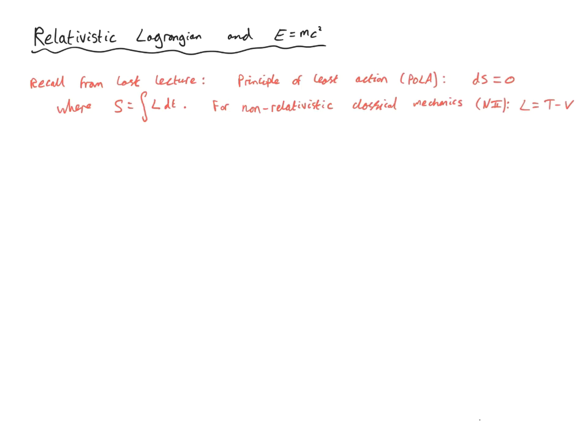We showed in the last lecture that to recover Newtonian mechanics, we have a specific form of the Lagrangian. It is the kinetic energy minus the potential energy. If we use this definition of L in the definition of S, and then use this condition dS equals 0, we recover Newton's second law, but written in a more generalized way.